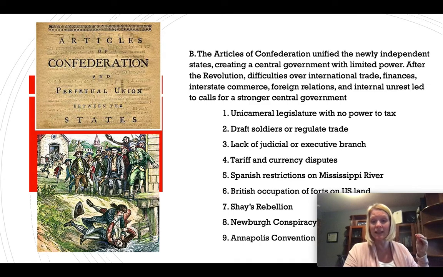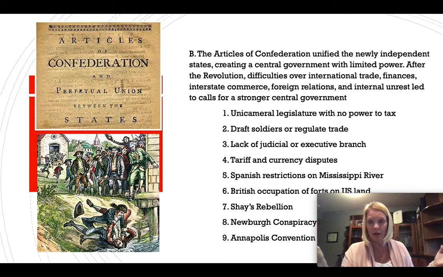Daniel Shays leads a rebellion, and in fact, it's kind of the wake-up call to pretty much all of the states saying, "Whoa, what are we going to do?" Daniel Shays and his friends storm into a munitions factory. They're going to basically take it over. They're demanding payments because they didn't get what was promised to them, because nobody can pay them, right?